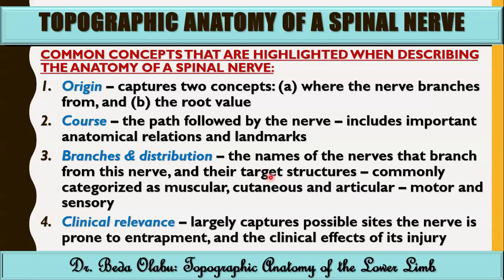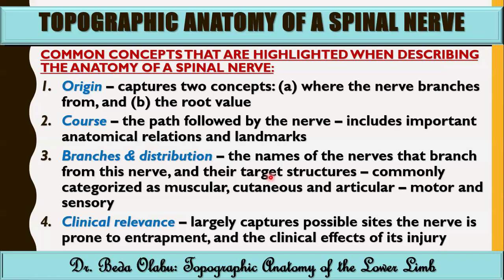Last but not least, the fourth aspect that you need to know about a nerve is the clinical importance of this particular nerve. And generally speaking, the clinical importance of nerves captures the aspect of nerve injury and the manifestations of these injuries. Where is this nerve likely to be injured?